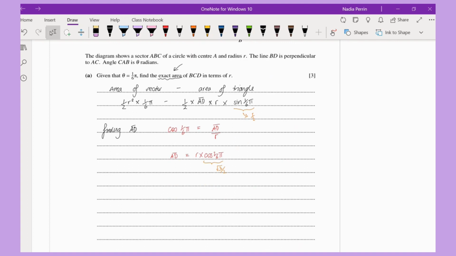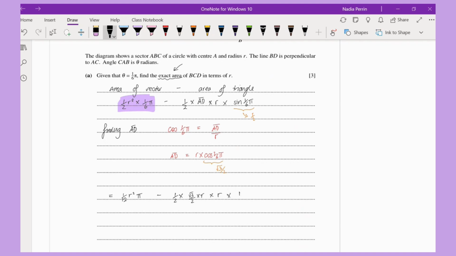So I'm now going to put all of that back into my original formula. Tidying this little one up here first, a half times 1/6 is going to be 1/12. And then I'm minusing, so I've got a half. I'm timesing by AD, which in this case is going to be √3 over 2 lots of R. And then I'm also timesing by R again.